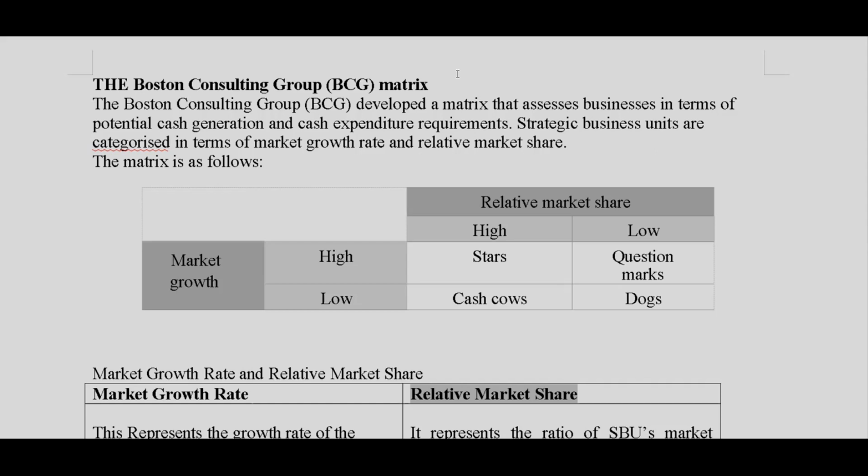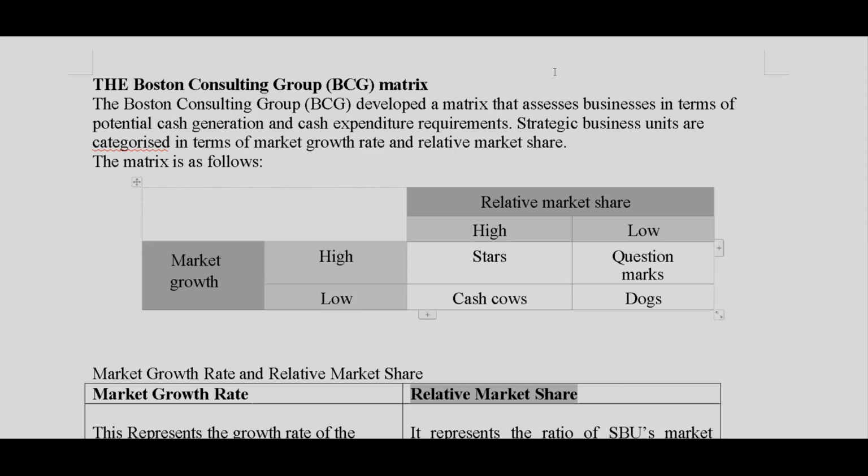Now, we have products which have high market share and high market growth. These products are known as stars. And those that have low market share, but they have high market growth, they are called question marks or problem children. And the ones that have low market growth but have high market shares are called cash cows. And then those that have low market share and low market growth are mostly known as dogs.